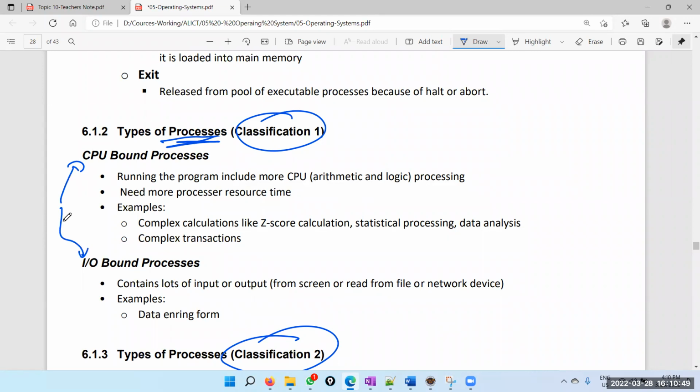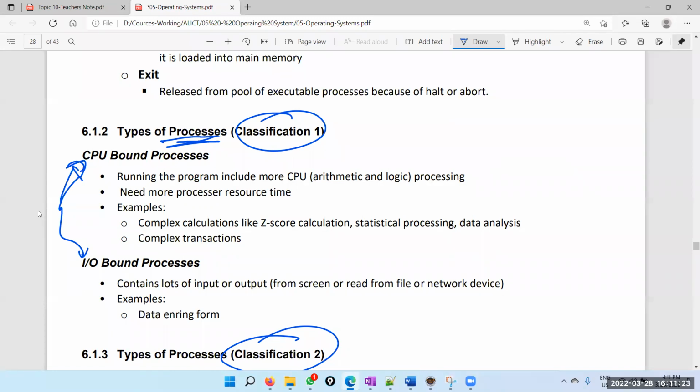CPU bound processors means processors or programs which need a lot of processor attention. That means it needs a lot of calculations, processing. Those kinds of processors are called CPU bound processors. For example, it can be a complicated calculation. Also, another notorious CPU bound type of process is graphic processing.